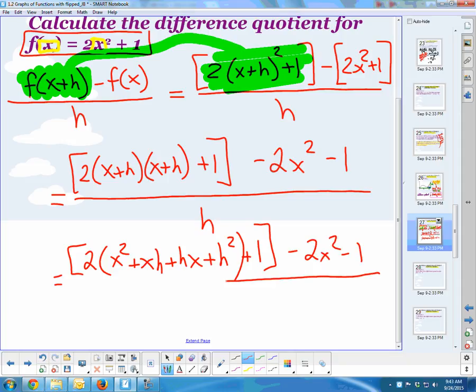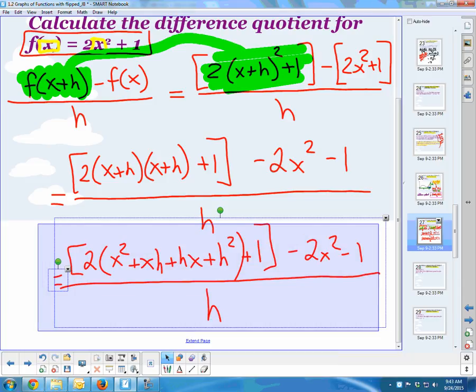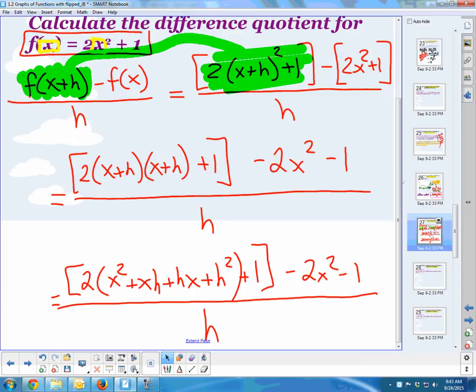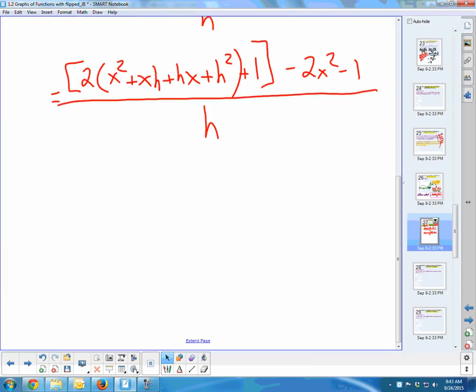That stuff just hangs out for a minute, as does my h. Maybe I'll give a little more space between my pieces there. Let me just slide that down, a little more of a visual gap. So that's where we're sitting there. A little more simplification. I'm going to distribute the 2 through the large set of parentheses, and I'm going to combine like terms at the same time.